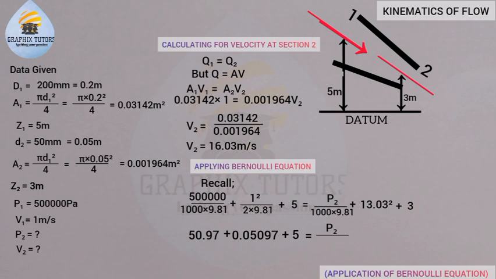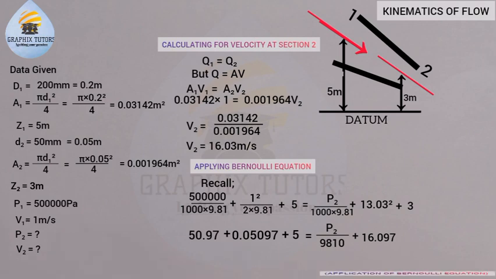And that will be P2 over 9810 when you multiply both of them, plus if you divide 16.03 square by 2 times 9.81, we're going to be having 13.097 plus 3, right? So we'll move forward.